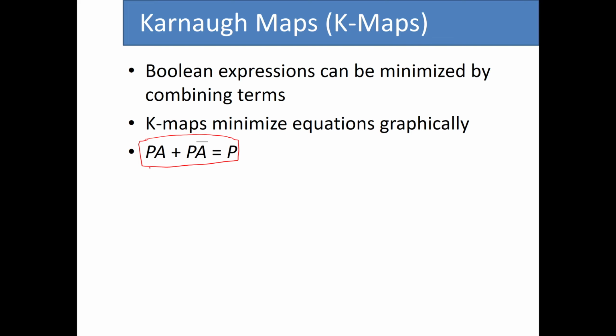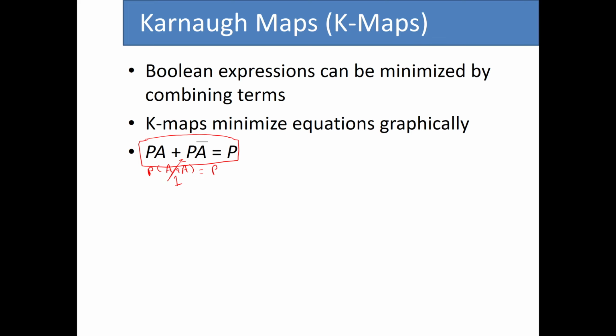So we can simply factor out P, and then we have A or A bar. Again, we know from one of the theorems that this equals 1, which makes the output only the variable P. So the main theorem that Karnaugh Maps use is this theorem.